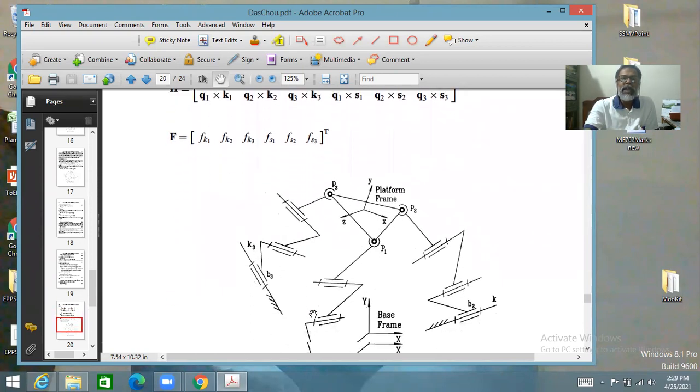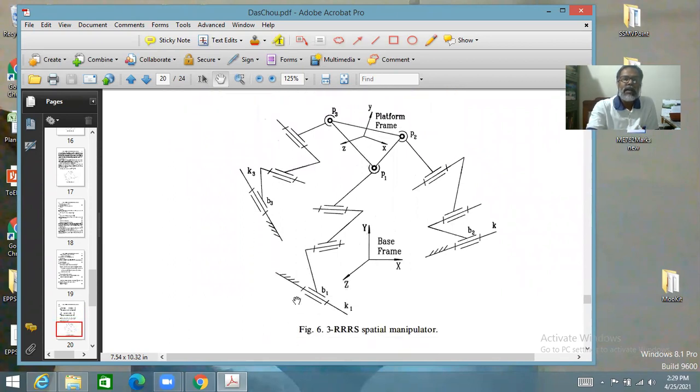A similar thing could be 3 RRRS, where it would be revolute joint, revolute joint, revolute joint, finally spherical joint. Basically, the two prismatic actuations could be replaced with revolute actuations. In that case, for each step, we will consider only moment equations.